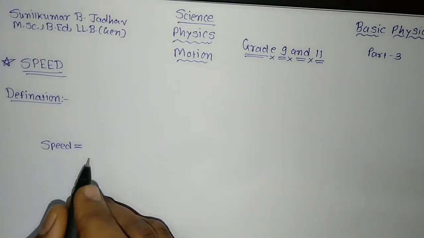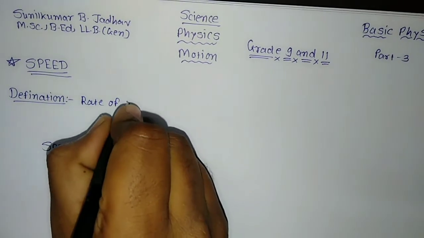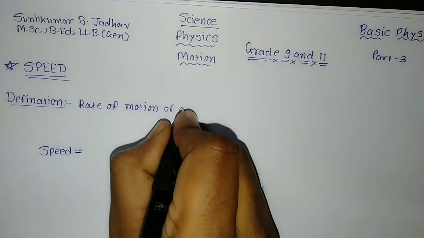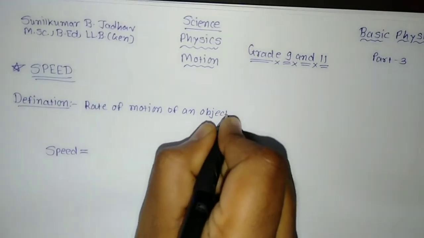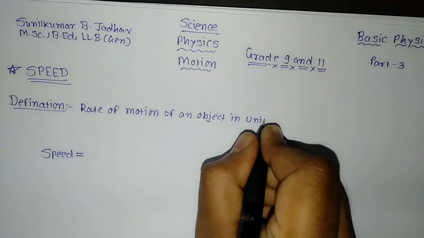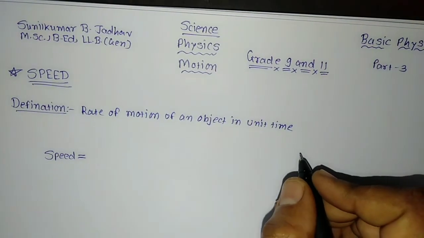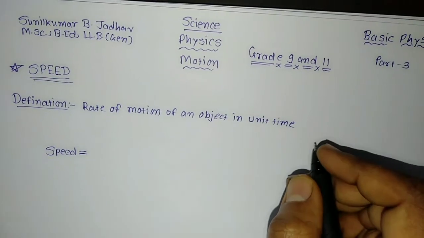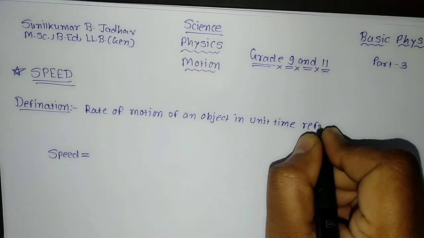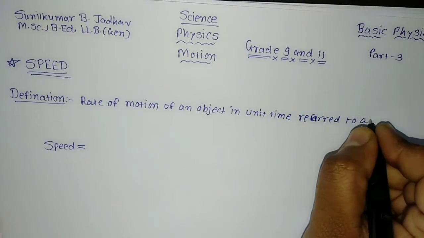First of all, we'll write it. The rate of motion of an object in unit time is referred to as speed.